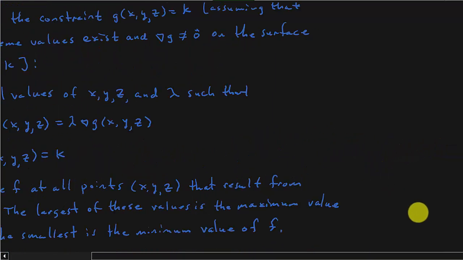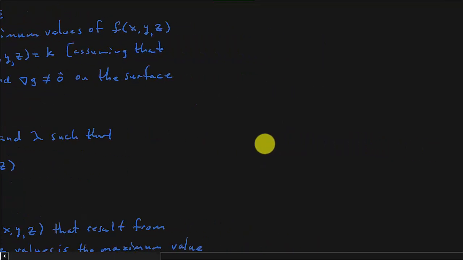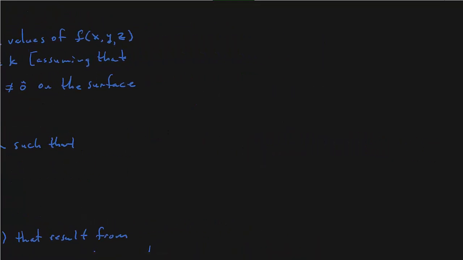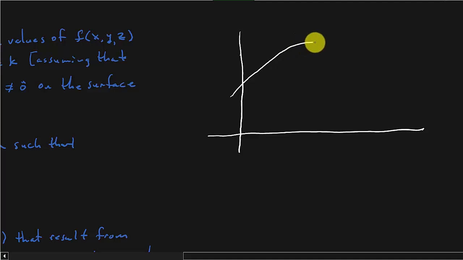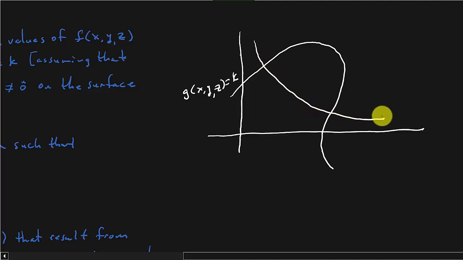So let me just move this over out of the way so I can have some room. I'm going to sketch this out for you. If you have some curve like this, and this is your curve g of x, y, z equals k, you can have these level curves coming in here.